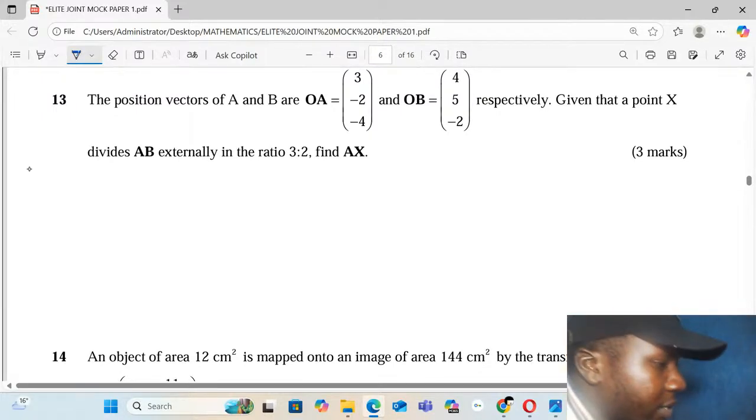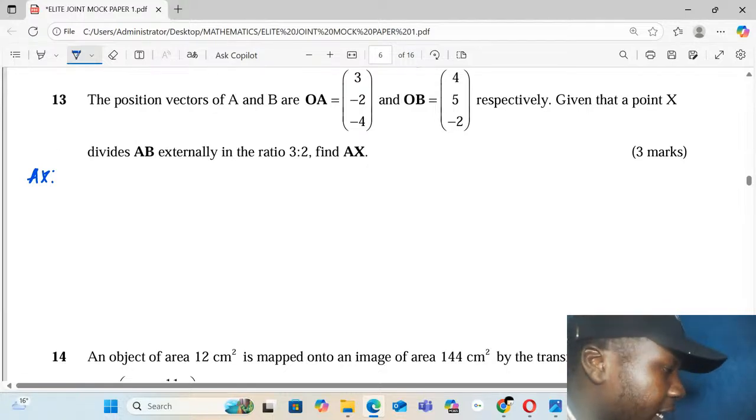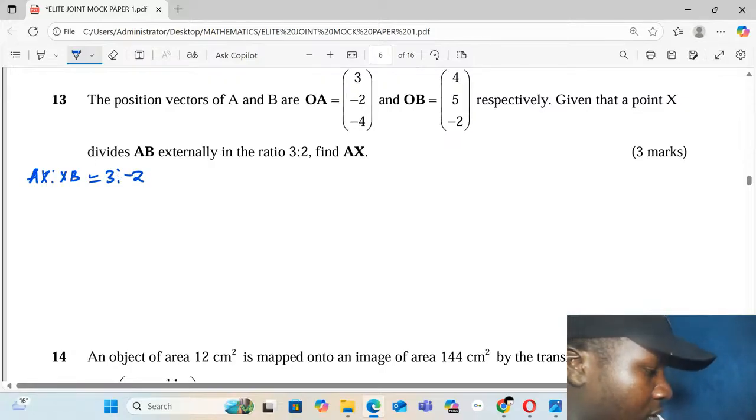We are saying AX to XB in the ratio 3 to 2, that is externally. So AX to XB is going to be 3 to negative 2. Adding 3 plus negative 2, we get 1.